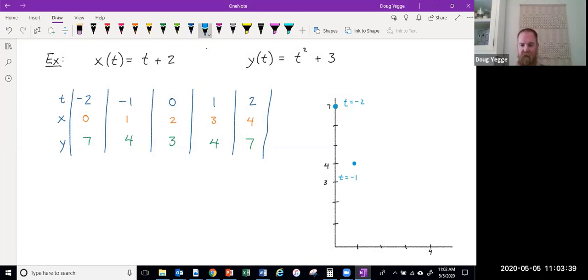Next point we plot is 2, 3. And there I am. But again, this is when t is equal to 0. When I plot 3, 4, I get right up here. And now I can see that that occurs when t is equal to 1. And finally, when x is 4, y is 7. And this is when t is equal to 2.